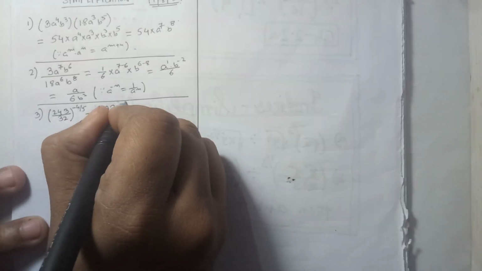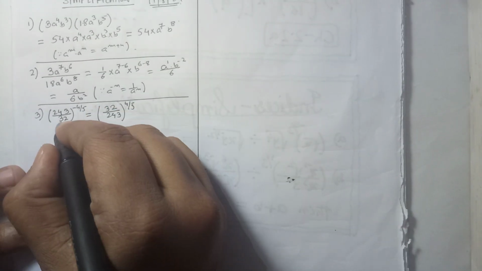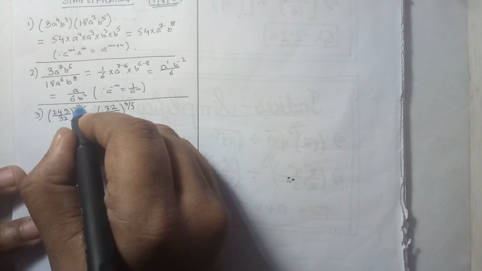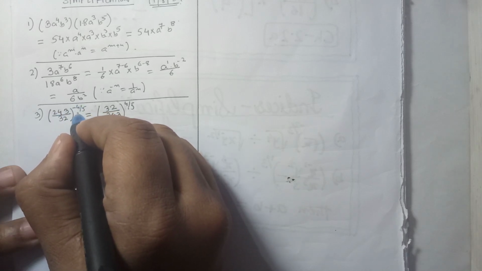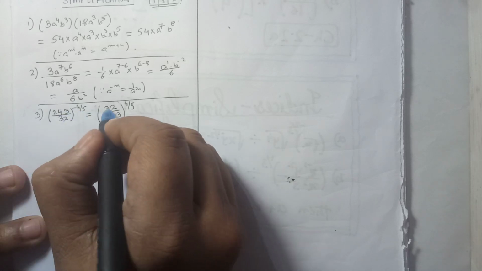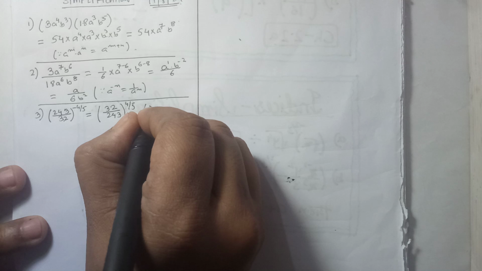So it can be written as 32 by 243 to the power of 4 by 5. We are taking a reciprocal of the number within brackets, not the reciprocal of the exponent. You have to be very careful, and when we are taking reciprocal, the minus sign vanishes due to the property.